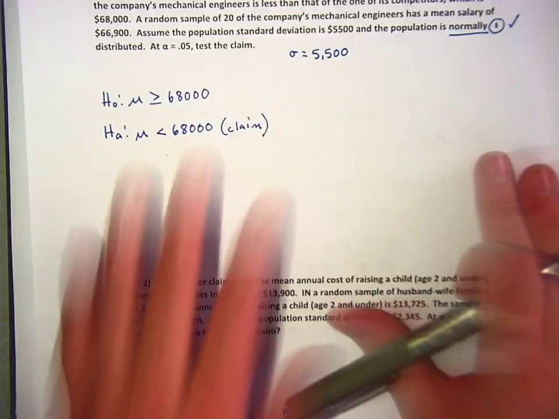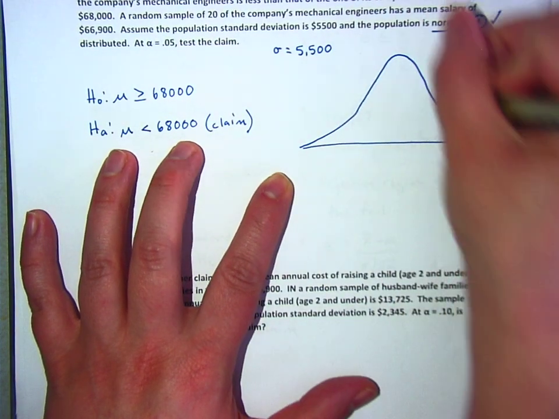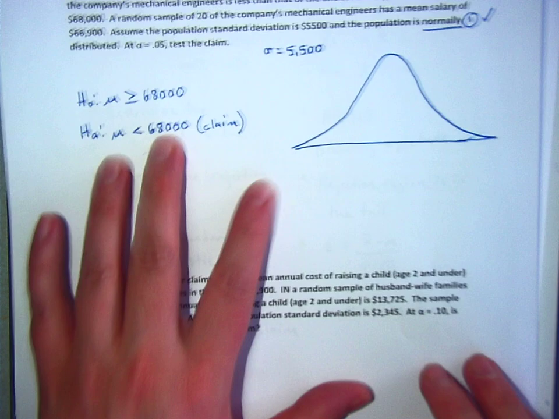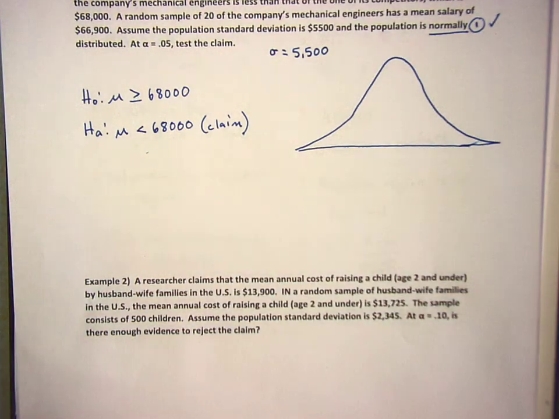Step 3, determine the critical value. So I'm going to draw a picture. Draw a quick, beautiful bell curve. Ooh, this one's really good. Look at that sharp angle in the middle of my bell curve. Nice. All right, is it left-tailed, two-tailed, or right-tailed? Right-tailed. No. It's always the alternative. The alternative is the tail.